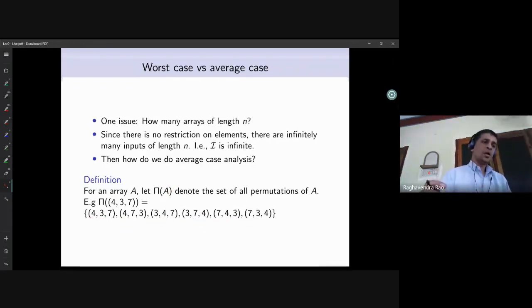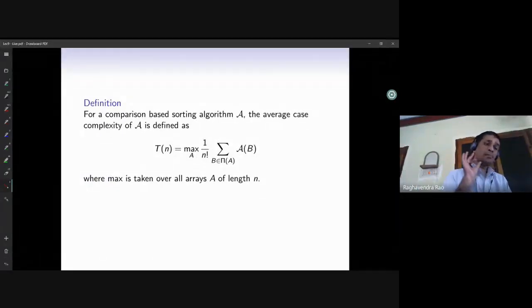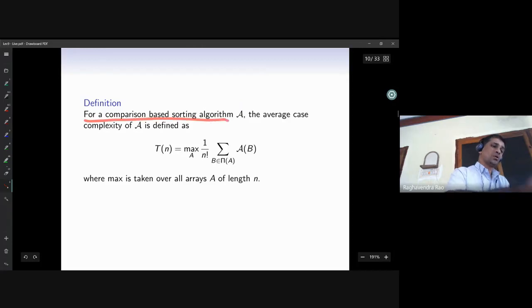Now I'm going to define the average case complexity as the following. For now I'm not considering an arbitrary algorithm for an arbitrary problem. Instead, we are talking about sorting algorithms. So suppose A is a comparison based sorting algorithm. That is crucial. It should be comparison based. The average case complexity of A, we define as P of n equal to, there is a max of course, the max over all arrays of this value.